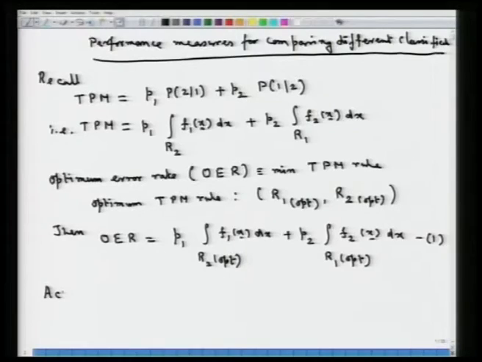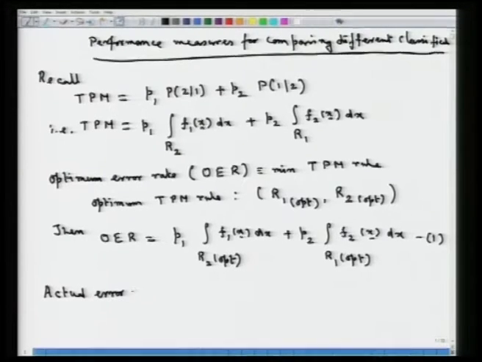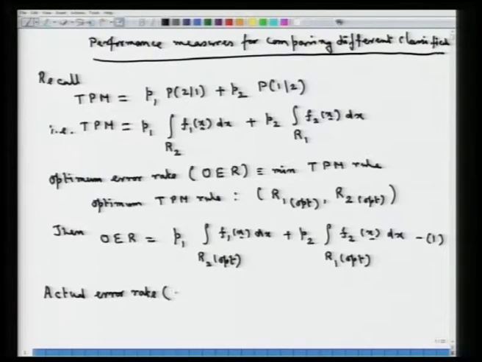Hence, for any practical purposes, given the data based on the learning sample, one would be estimating these quantities, and the measure based on such estimates is called the actual error rate, or AER. It is given by the following expression.